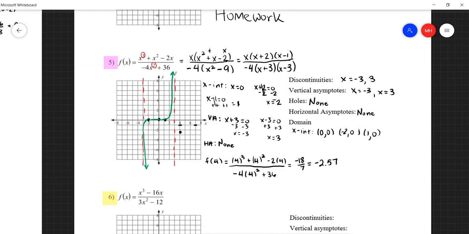And then I'm going to try one more point. I'll do, like I said, 7. I'm going to do the same thing. I'm going to plug in 7 for all of the x's. 7 cubed plus 7 squared minus 2 times 7, all over negative 4 times 7 squared plus 36.